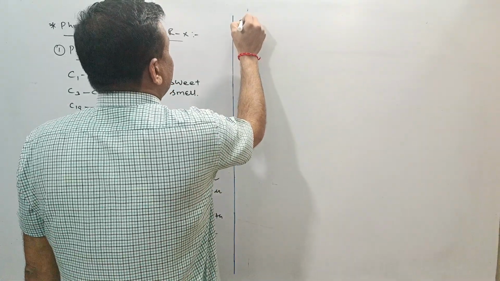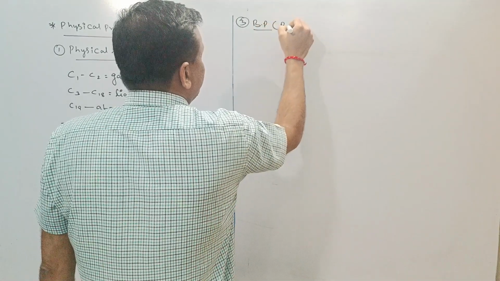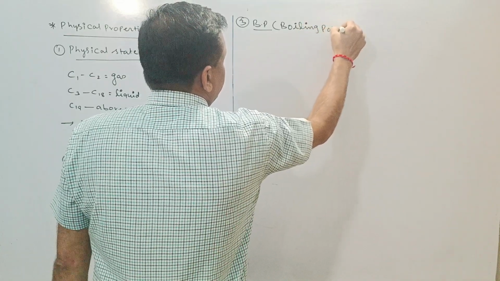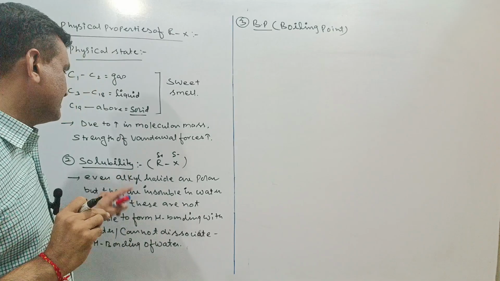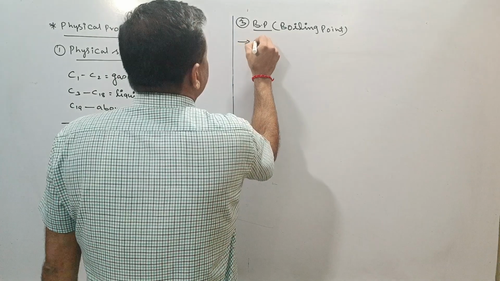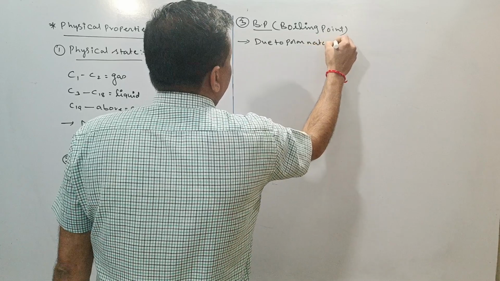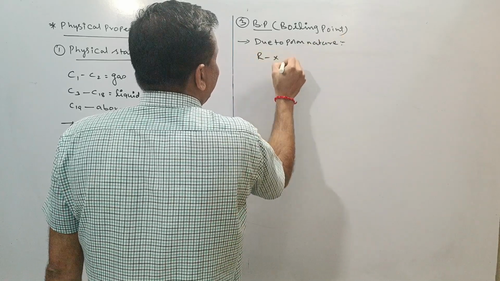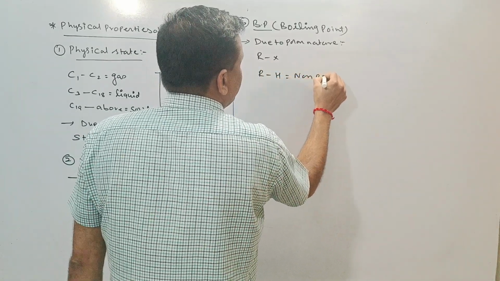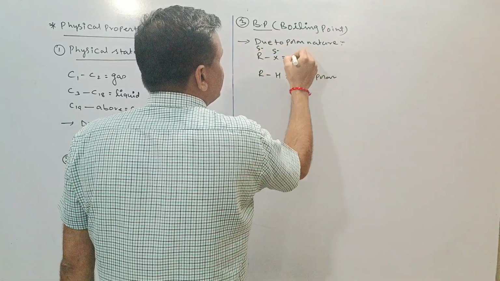Now I would like to go with the third property. It's too important, that is the BP. Here BP is not blood pressure, it's boiling point. If we go with the conceptual question, as we know haloalkanes are polar in nature, like this RX, while this is the alkane. Alkane is non-polar and haloalkane is polar in nature, with partial charges.